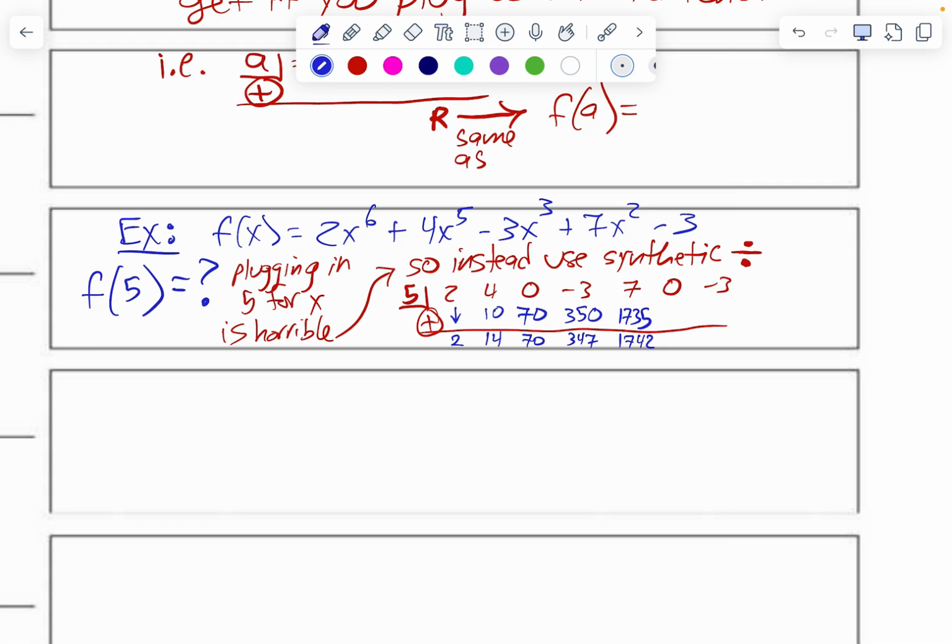Okay, and now we're doing 5 times that. So 5,000, 3,500 is 8,500. 8750? 8710.